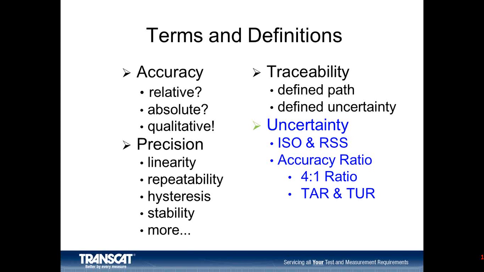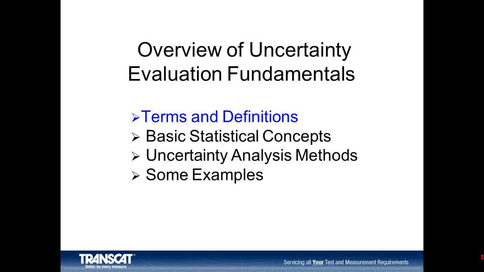So when this method is applied, it's often generically referred to as the ISO method. Some also refer to it as the RSS method, RSS being an acronym for root sum of squares. So in this ISO method, it is a rather technical process that is based on statistics.